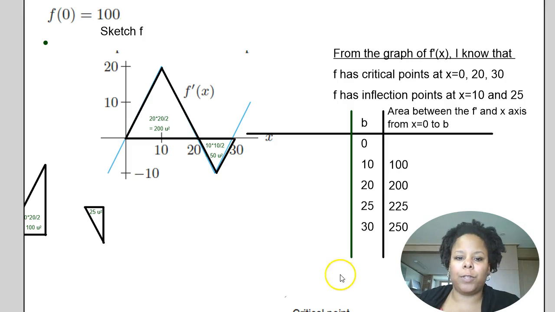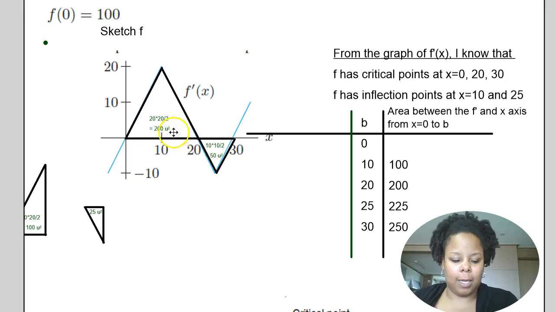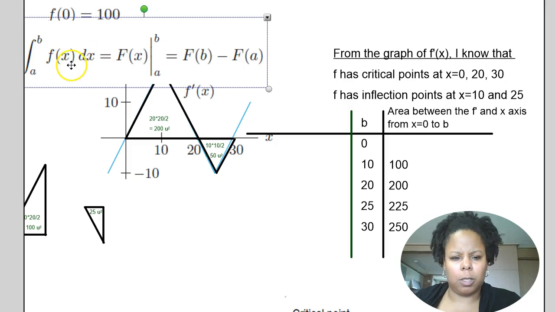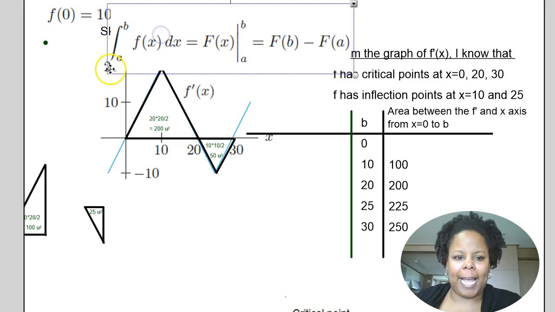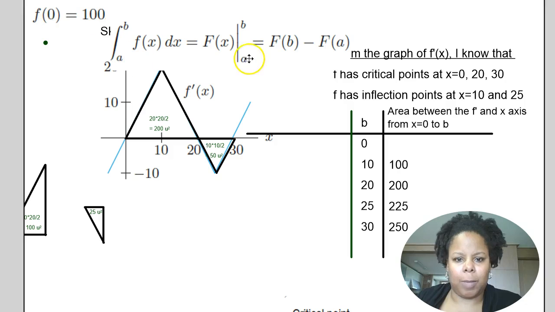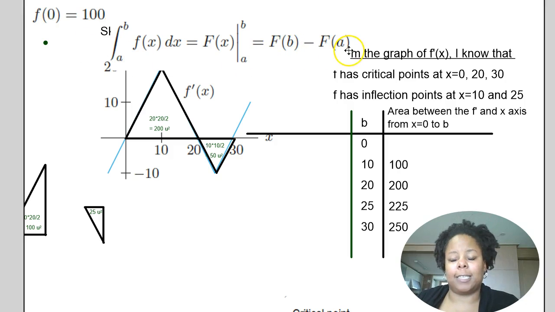But as you know, even though we're finding the area under the curve, another way to represent this information is in terms of the definite integral. If you recall this statement right here. And so if I let my a be equal to 0, then I already know what big F of 0 is. That's 100.